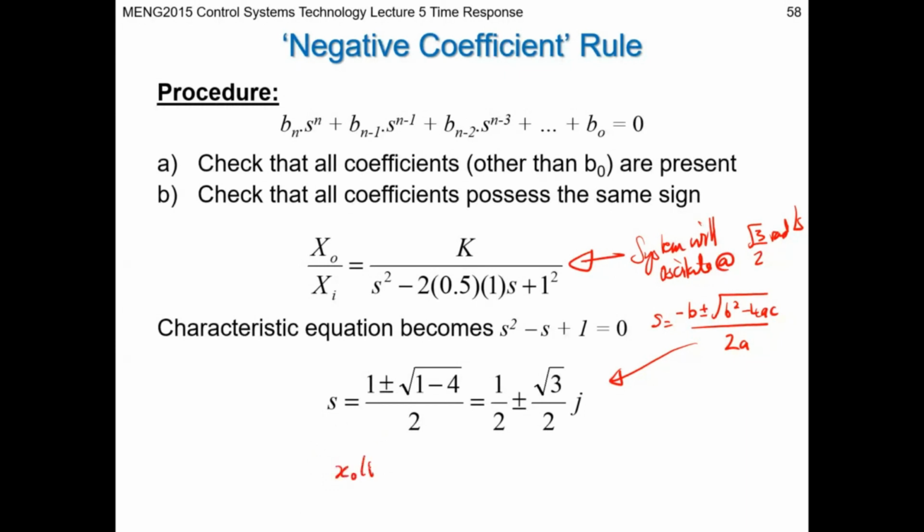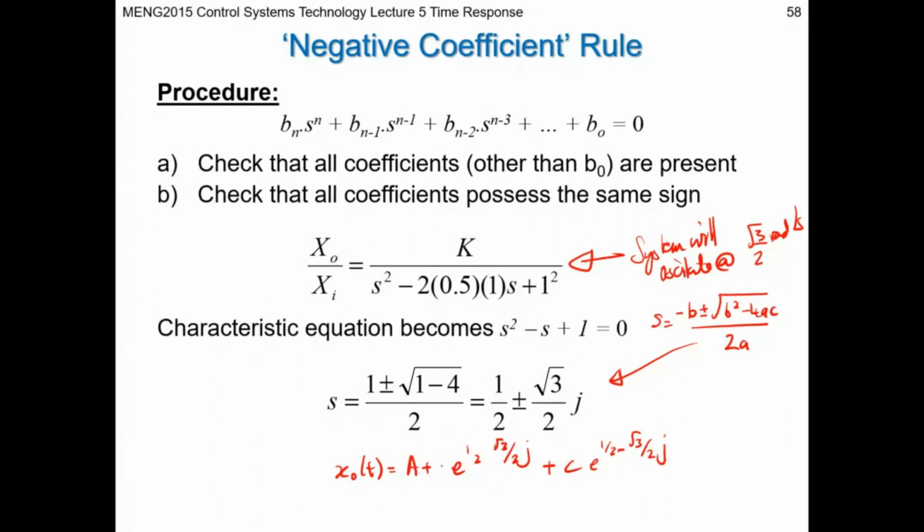So in this case, it's going to be x out of t equals a plus b e to the power of half plus root 3 upon 2 j, plus c e to the power of half minus root 3 upon 2 j.